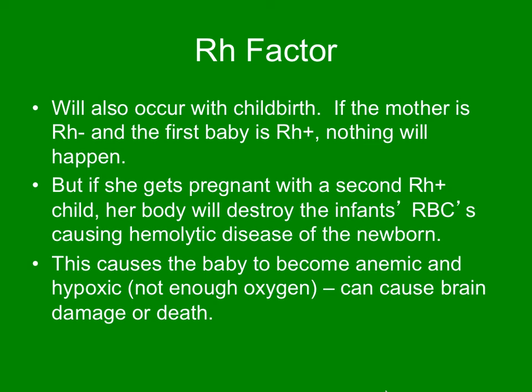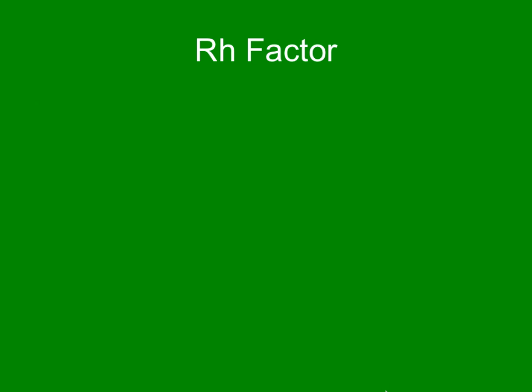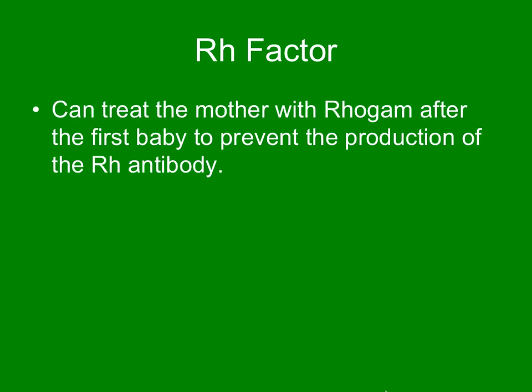Now, this used to be a very scary condition, but what we have is a RhoGAM shot. Basically, this is one of the reasons why babies' blood types are determined right after birth. If mom is Rh negative and it's determined that baby is Rh positive, she will actually receive a shot. It's called RhoGAM. What that does is it shuts off mom's system from producing those anti-Rh antibodies.